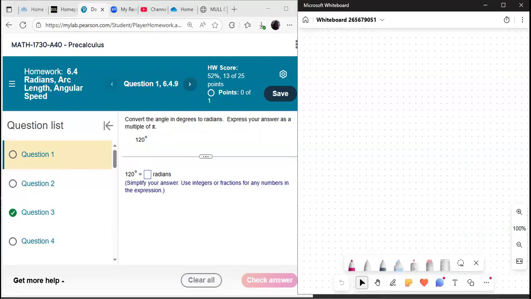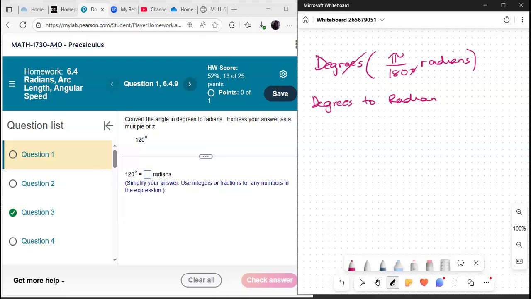So to convert from degrees, we need to multiply by pi over 180 radians. So the degrees will basically cancel and you're left with radians. All right, so to go from degrees to radians, we're going to multiply the degrees by pi over 180.